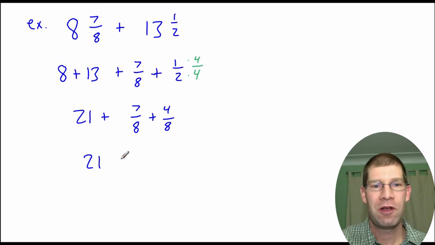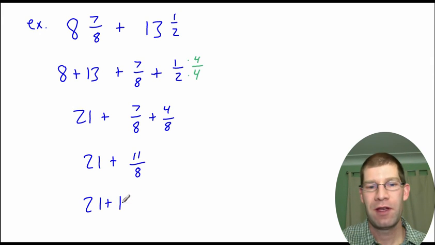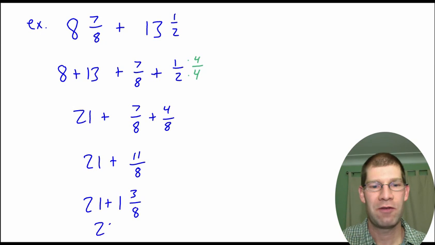So I have 21 plus 11 over 8, which is an improper fraction. So I could take 8 of those 11 away and change that into a 1. So this 1 here is really like 8 over 8, which once I take 8 of the 11 away, I'm left with 3 over 8. So the final step would be to combine my 21 plus 1. So I have 22 3/8 for a final answer.